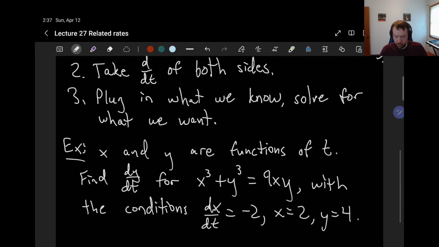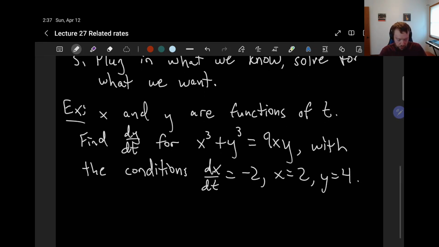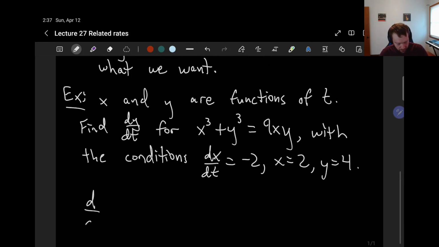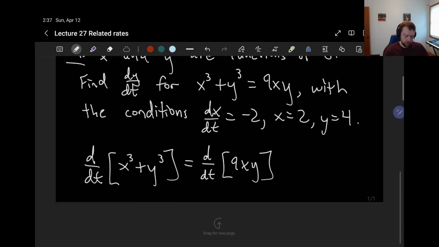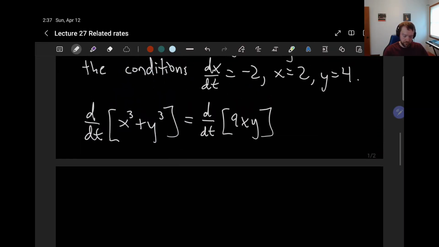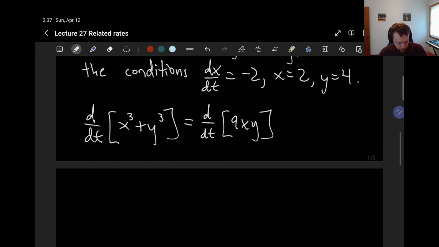So in this case, we really begin with step 2. We take d/dt of both sides of the equation, so the derivative with respect to time of both sides. Now notice that t is my variable that I'm taking the derivative with respect to.